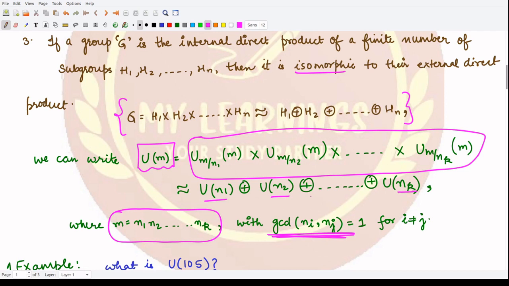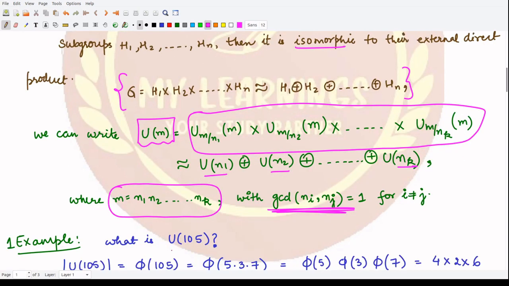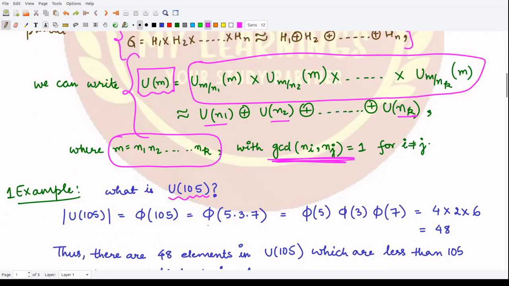Now let's see how we can apply it onto some U group. Let's consider the example U(105). First of all, let's see what this group is, and then we'll study various notations and representations. U(105) would contain all the members which are less than 105 and are relatively prime to 105.